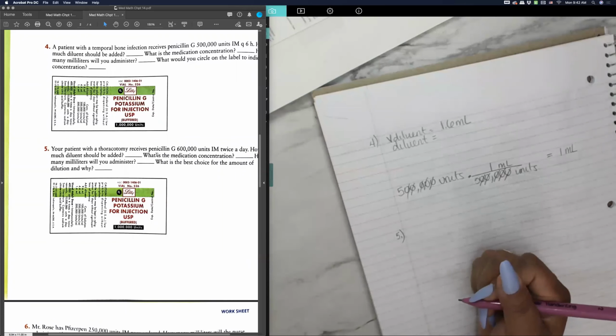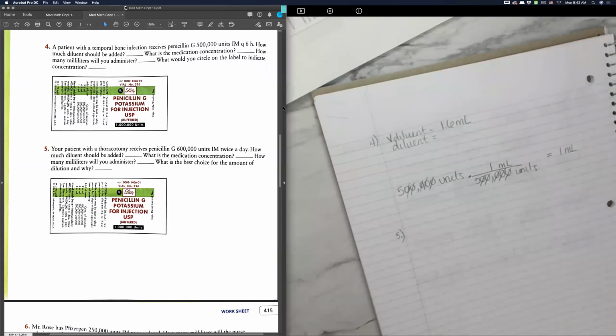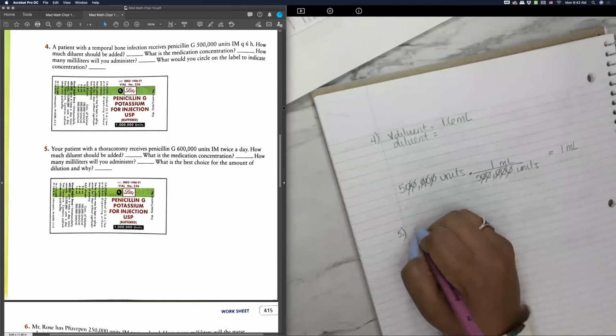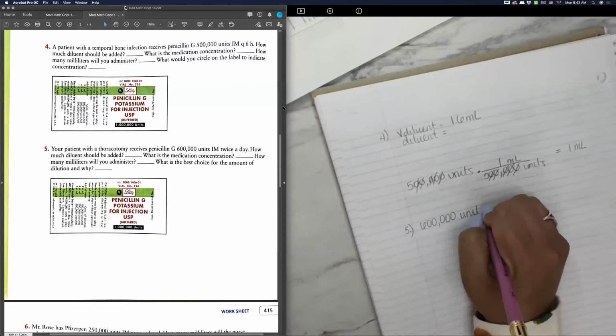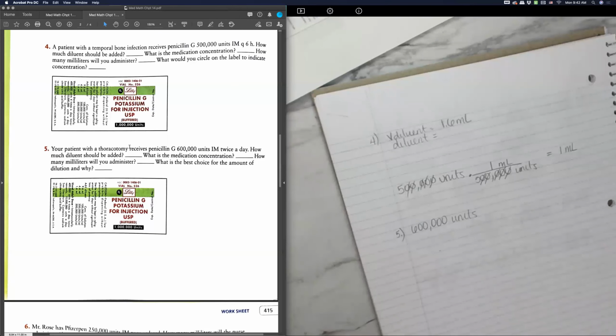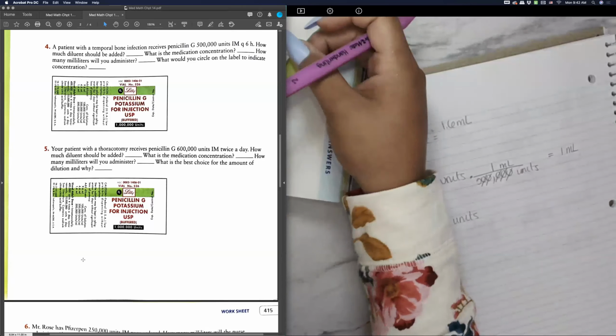Okay, so 5. Let's look at what the doctor's order is. So the patient has a thoracotomy, receives penicillin, 600,000 units. How much diluent should be added? What is the concentration? So same thing. Which of these diluent volumes would you pick and what concentration or dosage strength would that result in?